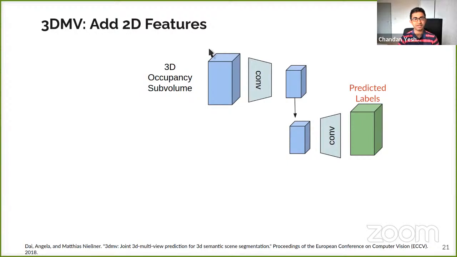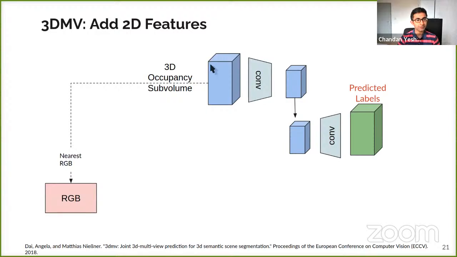So again, this is an explanation of what 3D MV is actually doing with the 2D images. This is the 3D fully convolutional architecture that I mentioned earlier, the same thing. For each subvolume here, we obtain the nearest RGB image, nearest based on the coverage. We take this image and pass it through a pre-trained convolution network, which is trained for 2D segmentation, since we have the 2D segmentation labels as well in ScanNet, and we obtain some intermediate features here.